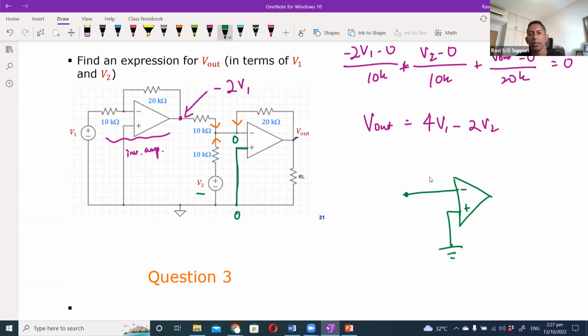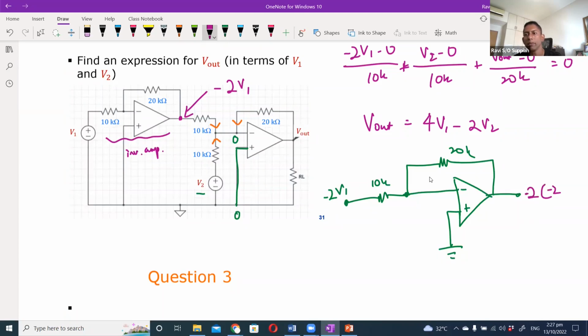Your feedback resistor is fixed at 20k. I have one input which is negative 2V1, which is 10k. So the gain is negative 2 multiplied by the input negative 2V1, which gives 4V1.